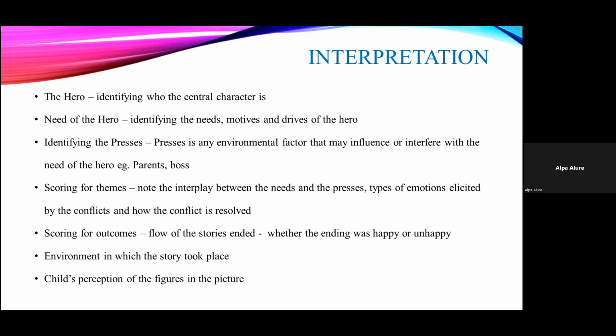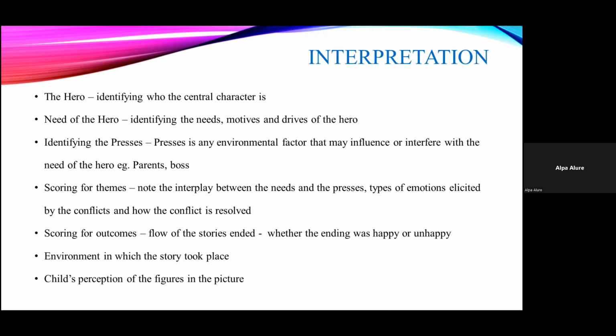Here the interpretation is the same as in the PAT. You have to identify who the central character is, who is the hero, what are the needs of the hero, what are the environmental factors that are affecting the needs, the interplay between the needs and the presses, and how the story ends, whether it is a happy ending or sad ending, and the environment in which the story took place.